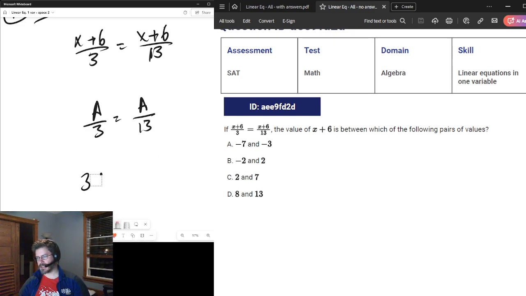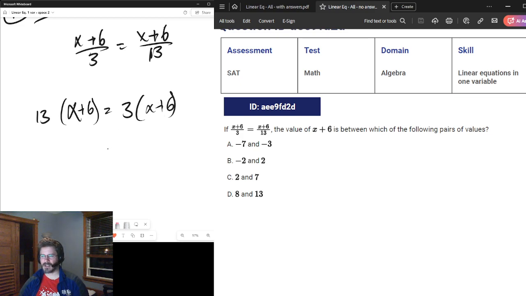That strategy will not work on this one, because when we cross multiply, we have to distribute. So when we cross multiply, we get 13 times (x plus 6) equals 3 times (x plus 6). You could argue that you could divide that off. It's still going to be the same problem, but let's go ahead and follow through.